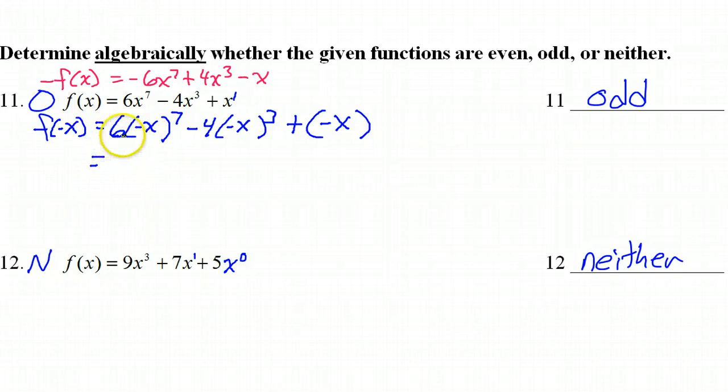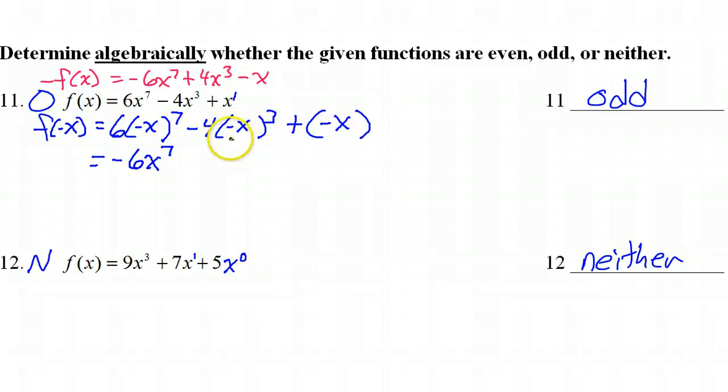So let's see what I get. If you do a negative to an odd power, the negative stays. So this negative stays. A positive times a negative is a negative. So this will become negative 6x to the 7th power. This negative stays because it's odd.